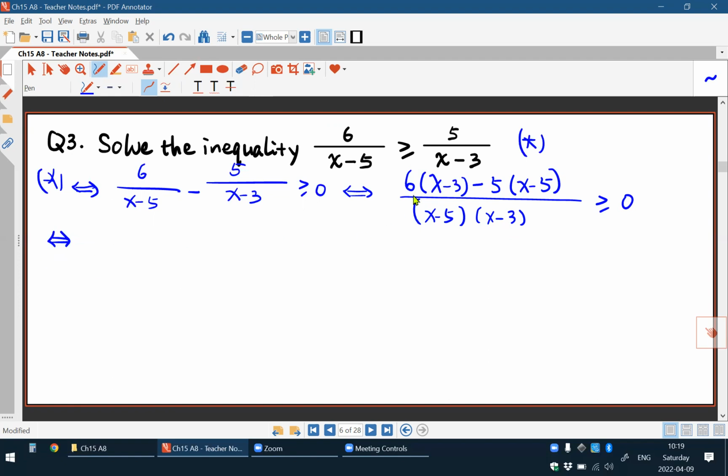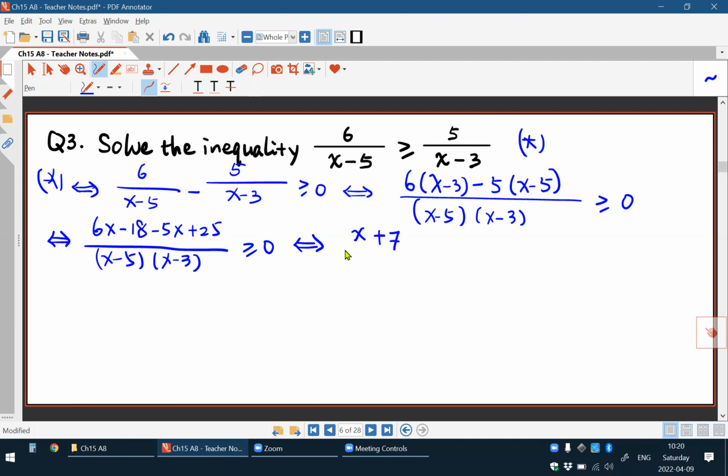Next, let's simplify the numerator, which is 6x minus 18 minus 5x plus 25, over (x−5)(x−3), greater than or equal to 0. Then this is further equivalent to 6x minus 5x is x, then minus 18 plus 25 is plus 7, over (x−5) times (x−3).